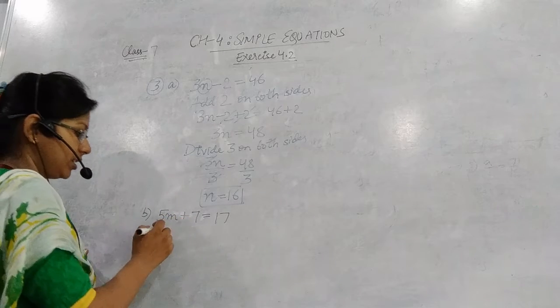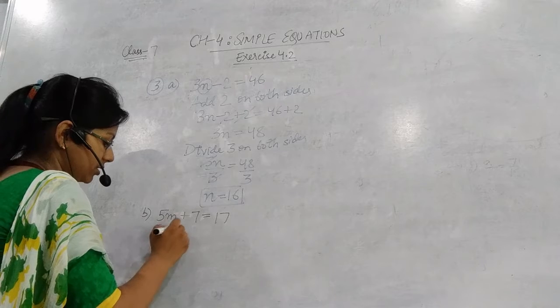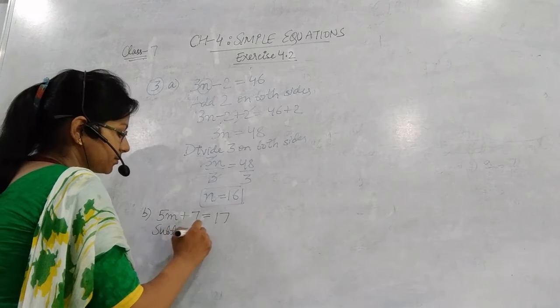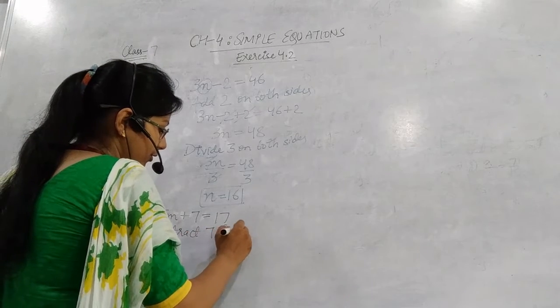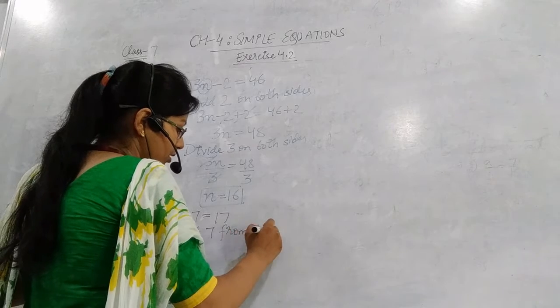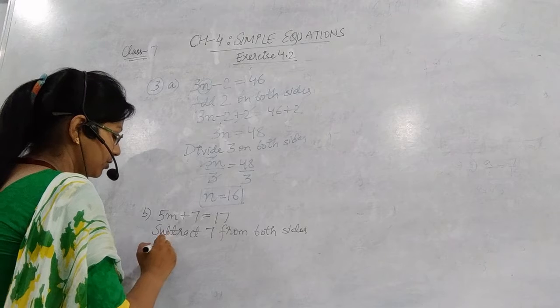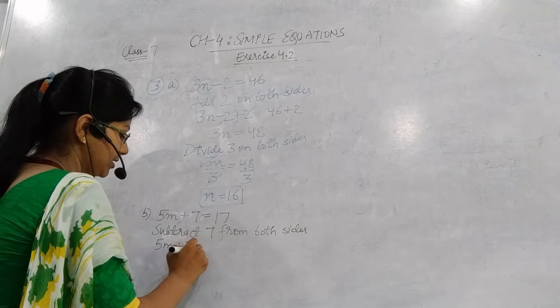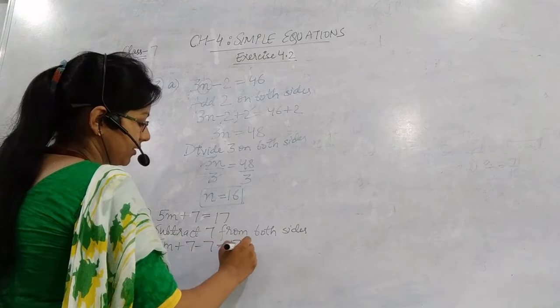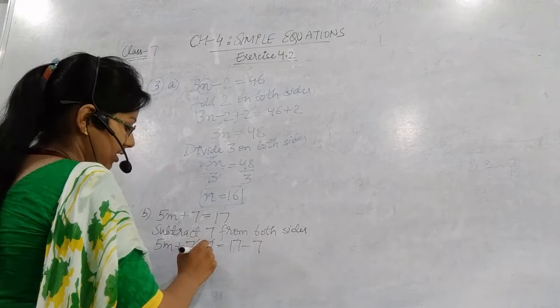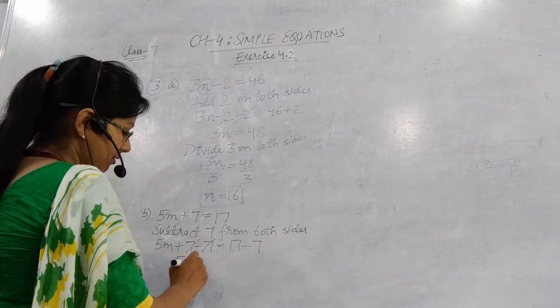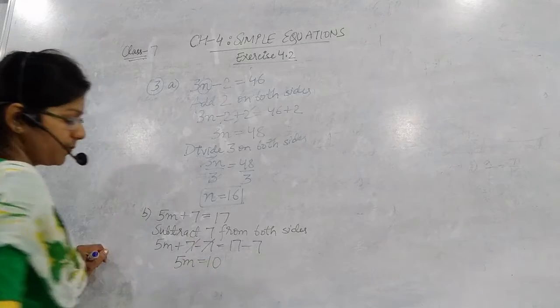Plus 7 है तो हम क्या करेंगे? Subtract 7 from both sides. Okay, so 5m plus 7 minus 7, 17 minus 7. This side cancel. 5m is equal to 10.